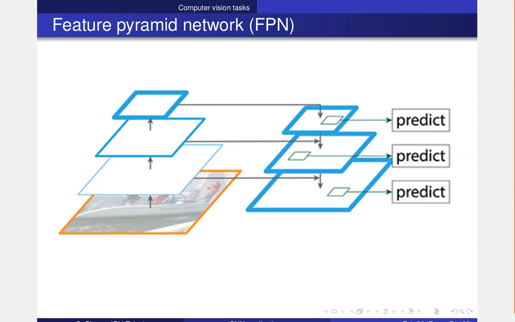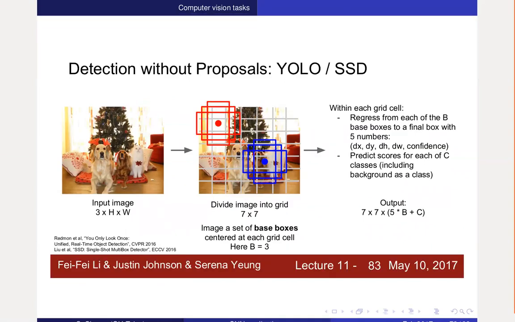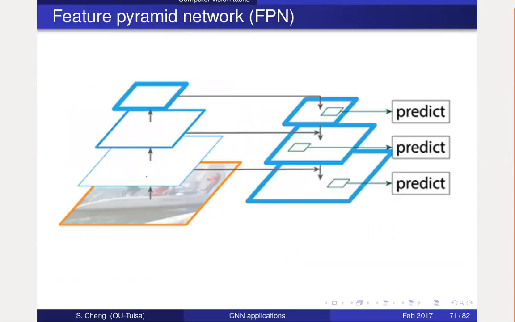Therefore it gives you multi-scale detection already. That's addressing the earlier issue I mentioned, that if you have multiple objects, some are farther away and some are closer. If you use this pyramid network here, you can detect objects at different scales.